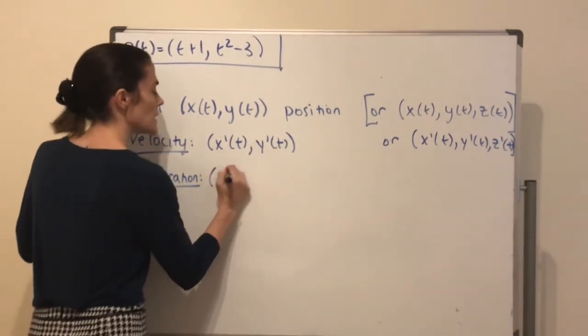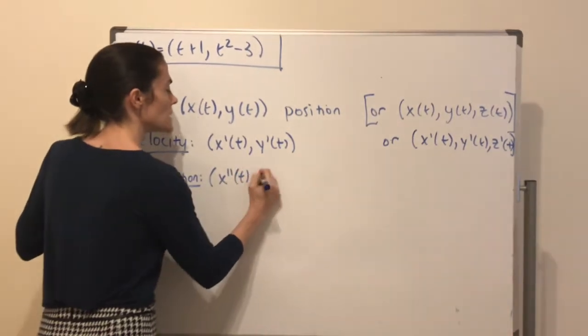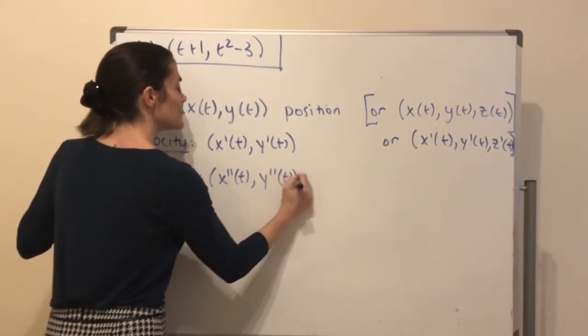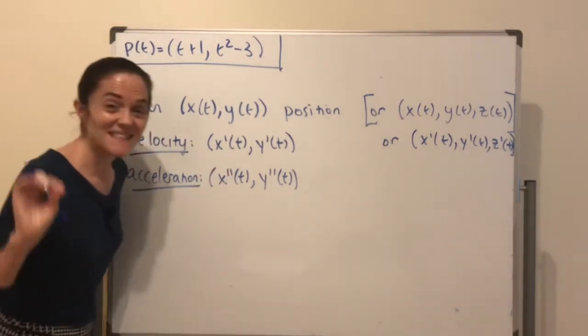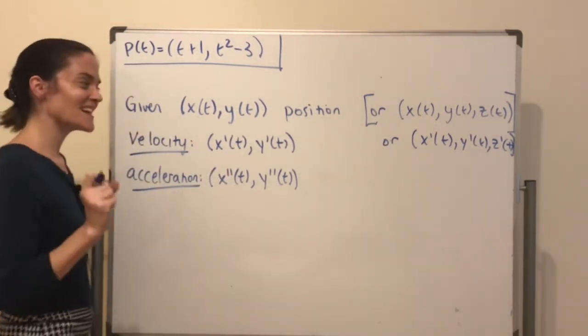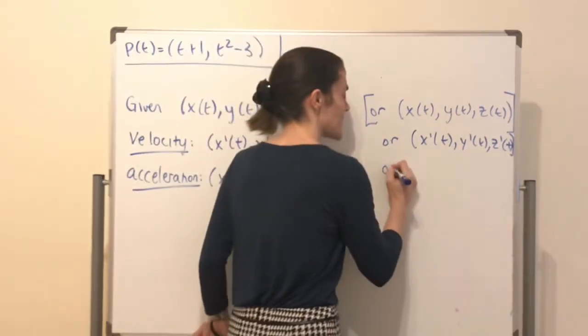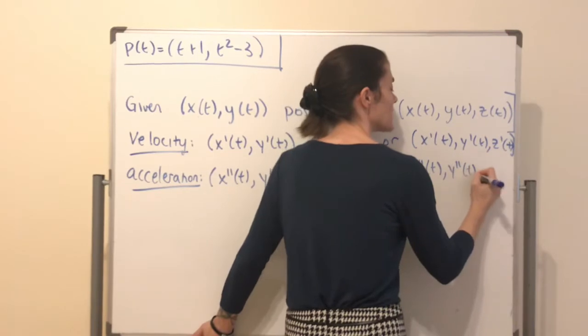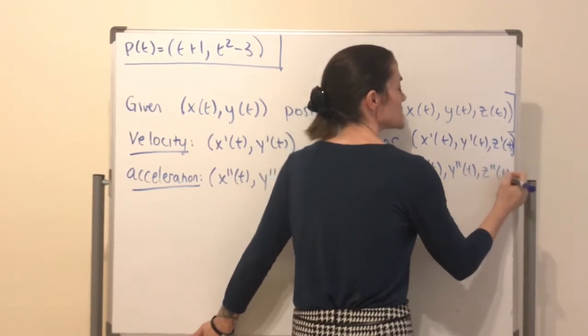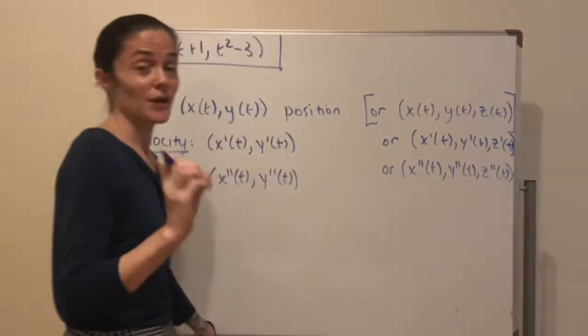So this would be x double prime of t, comma y double prime of t. This vector gives us acceleration. And if we are in 3 dimensions, it would be like this, and like this. We just differentiate each component.